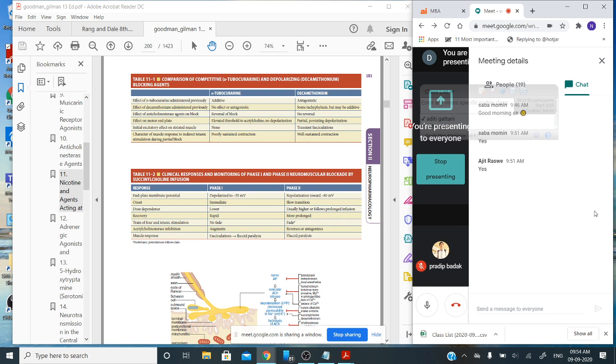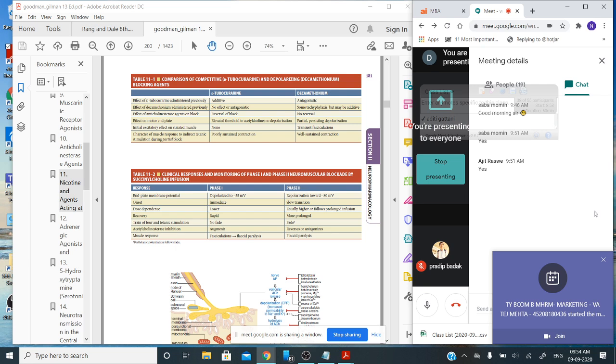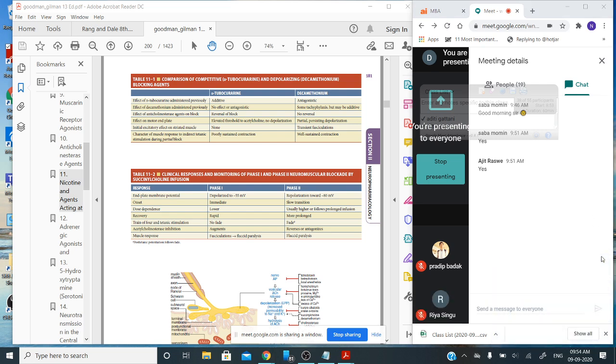Now suppose somebody is on the 10th floor, or at a lower floor. For the one on the 10th floor, going to the ground floor is difficult. For those on the ground floor, going to the top floor is difficult. So this is how partial contraction or muscle tone helps.